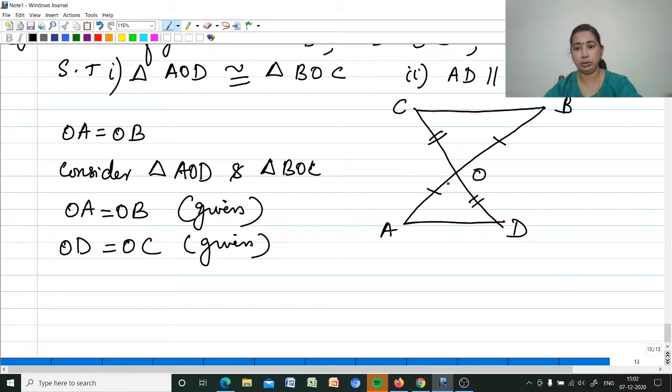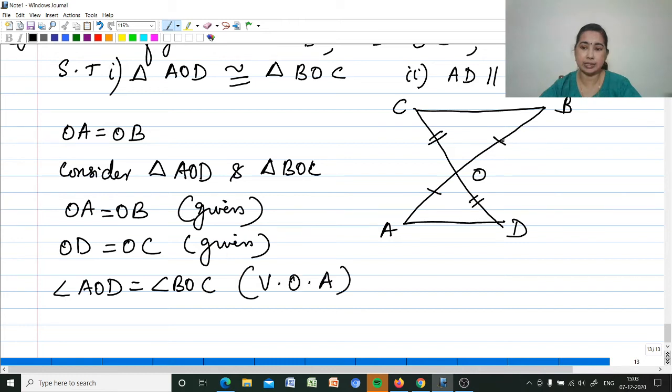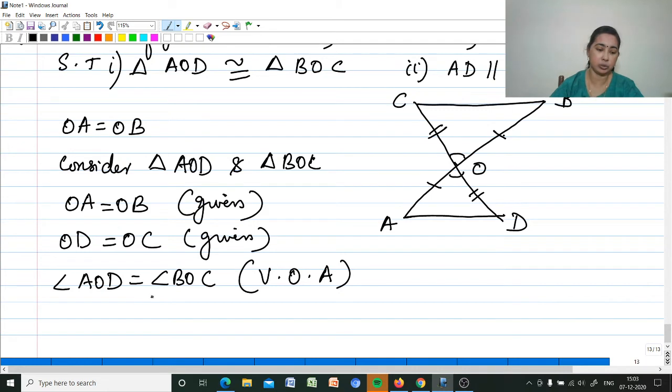And we know that these two are vertically opposite angles, angle AOD and angle BOC. Angle AOD is equal to angle BOC because they are vertically opposite angles, therefore they are equal. So by SAS, side angle side, we can say that those two triangles are congruent by the SAS congruence rule.